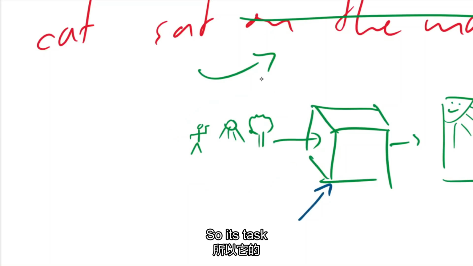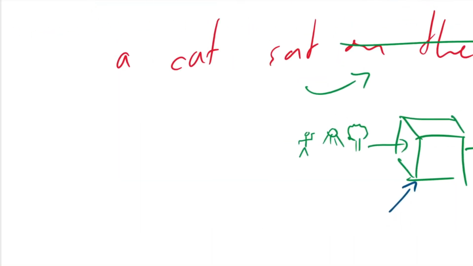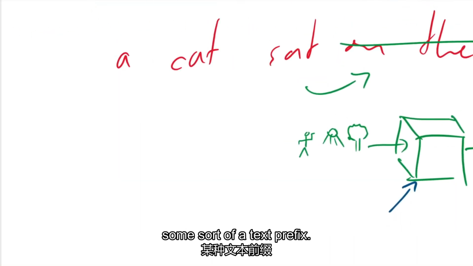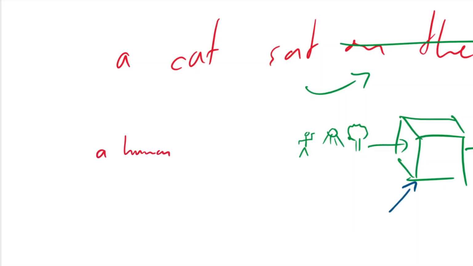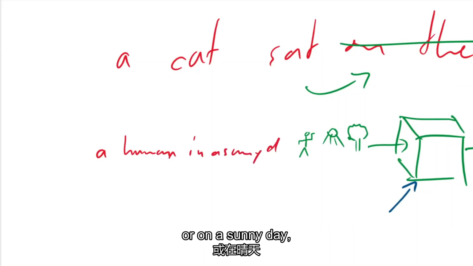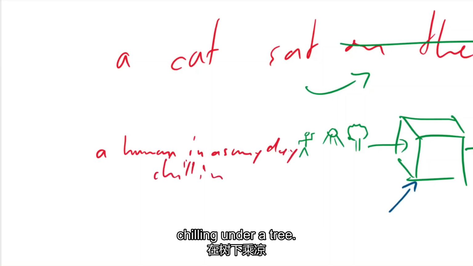So its task is, given some sort of text prefix, like a human in a sunny field, on a sunny day, chilling under a tree.